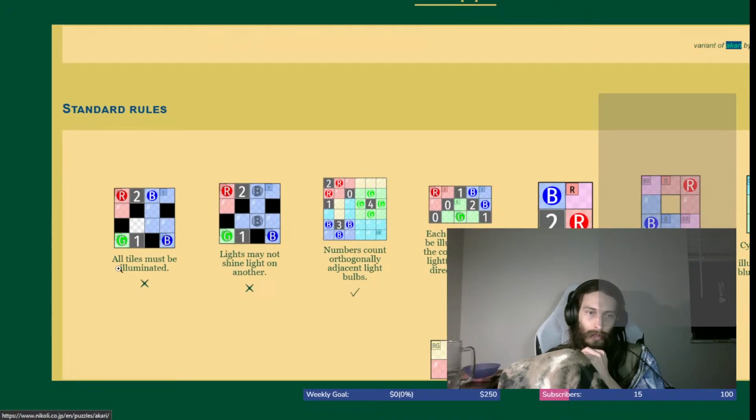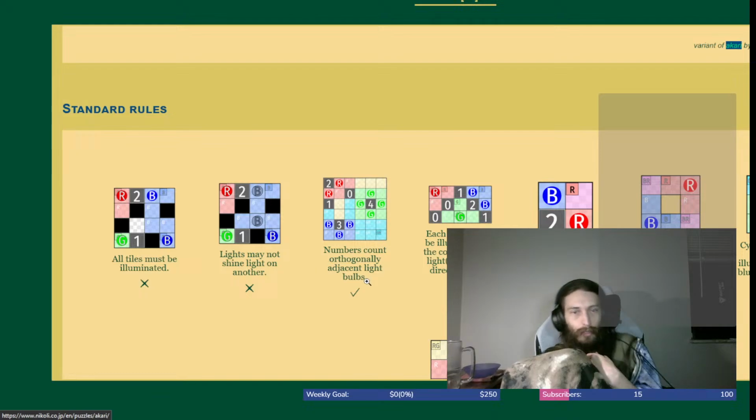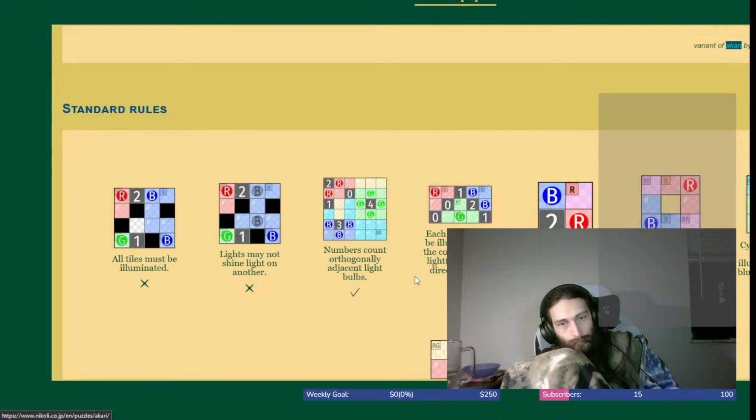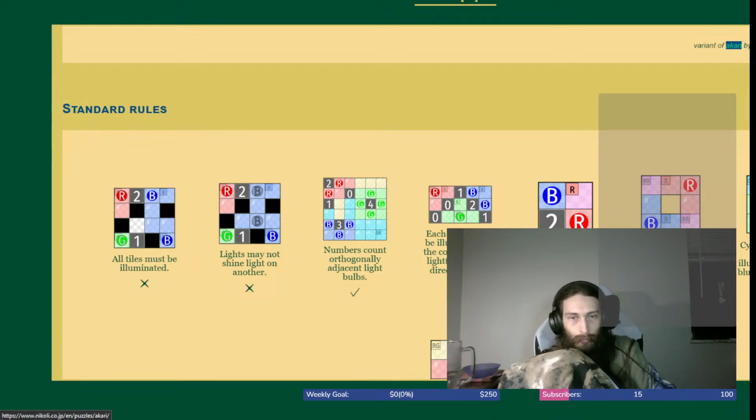So here we go. All tiles must be illuminated. Lights may not shine a light on another. Numbers count orthogonally adjacent light bulbs. Each target must be illuminated by the corresponding lights, possibly directly on top.